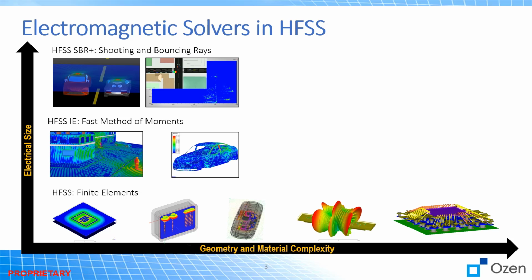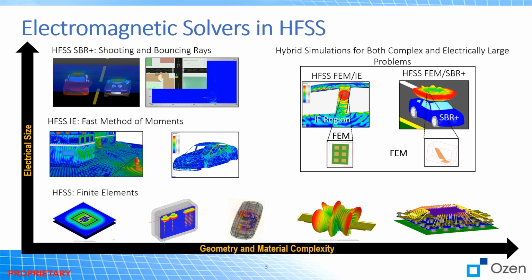It excels at modeling large metallic structures, multilayer dielectric and magnetic materials, and it can also handle arbitrary dielectrics with a non-uniform thickness. The SBR Plus solver also includes an advanced Doppler processing algorithm, which can simulate the response of high-frequency radar systems, such as those used in the automotive industry.